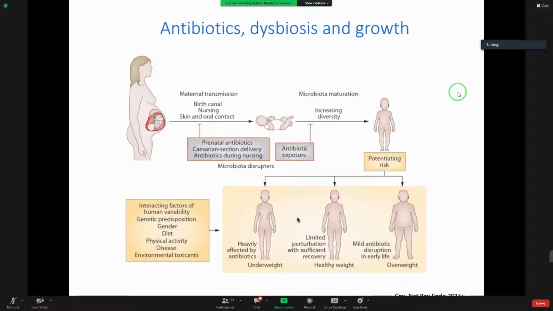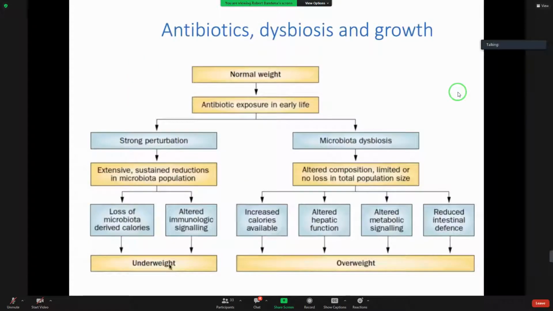In this paper, they argued that if you have a limited perturbation of your microbiome by limited antibiotic exposure, it might lead to overweight. But if you're heavily exposed to antibiotics, it might actually affect growth in the other direction. This is argued here in a more schematic way.